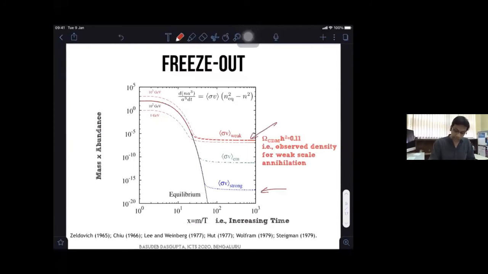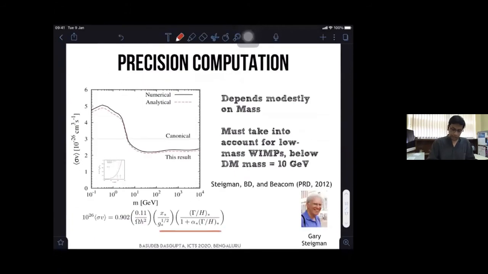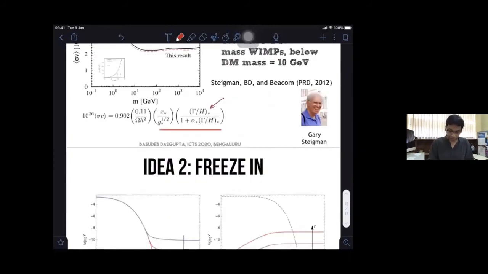If you have weak interactions, you tend to get the correct abundance. This is a plot from long ago, so 0.11, but now it's 0.12. There are further details that one can look at, in particular the dependence on how g star varies with time, and all of this is done. You can look up the references, perhaps not the most interesting thing to do in a pedagogical lecture.